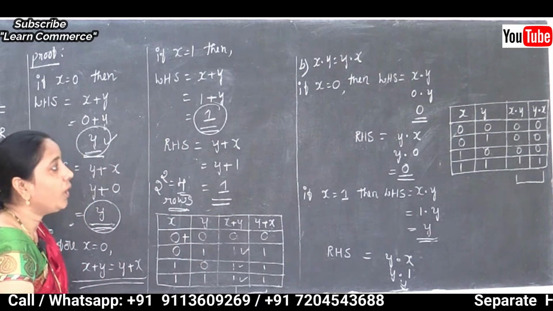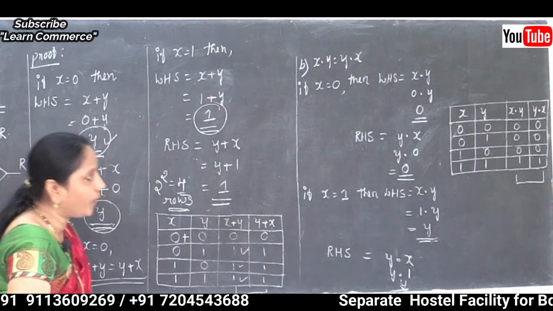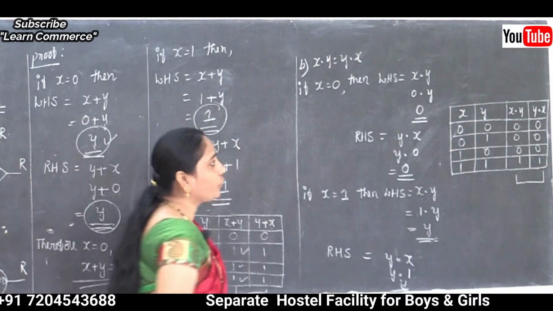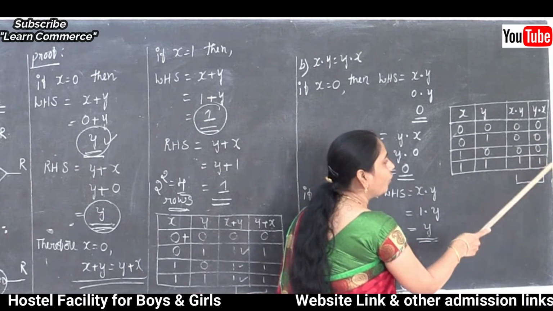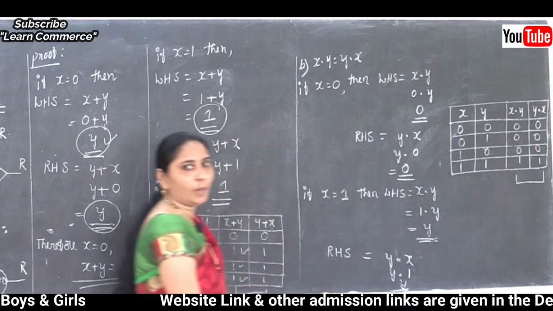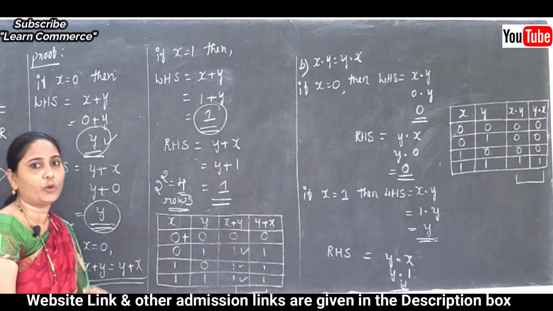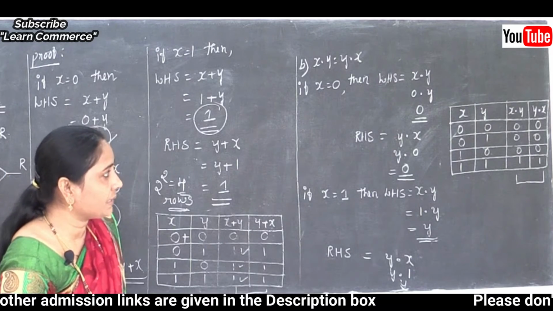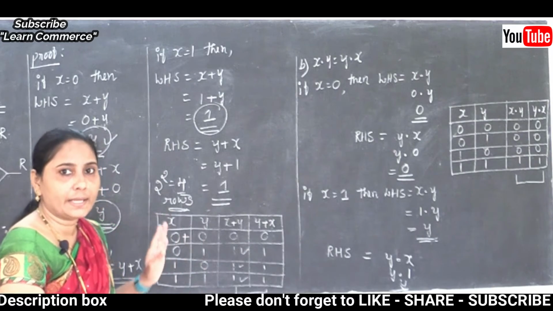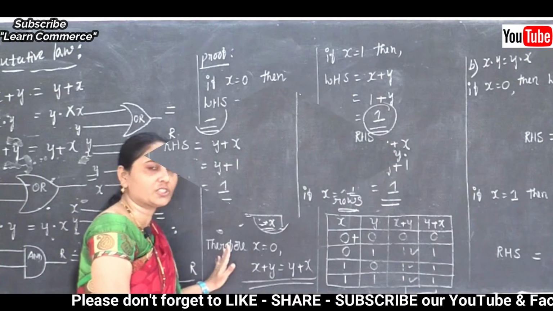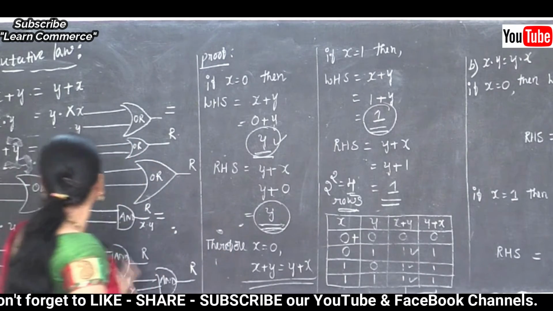The values of y and x are 0 0 0 1. That means the contents of both the columns x and y, and y and x, are identical. Hence, this is our commutative law.